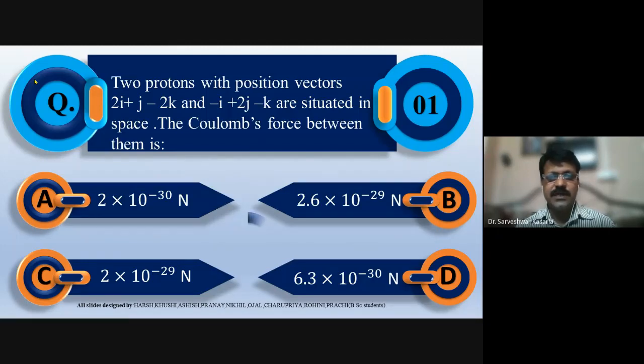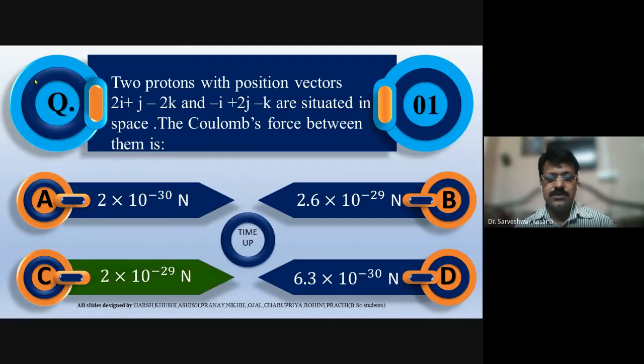You may try yourself to find the Coulomb's force between two protons having these vectors. So your time is coming up.